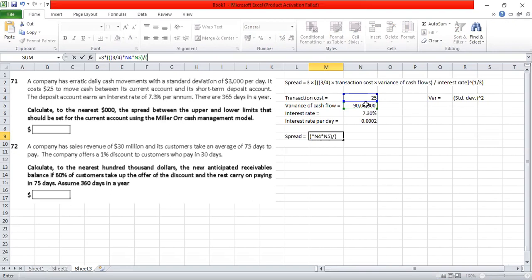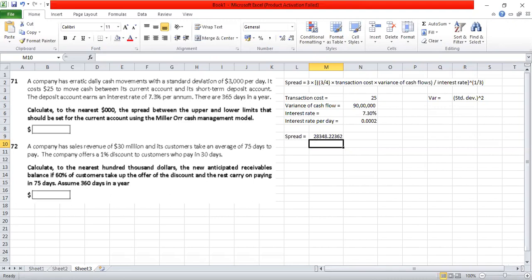Ma'am, in the denominator we will take the regular 7.3 interest rate, not per day? Interest rate per day. Okay, ma'am. And after that, you have put 1 by 3 in the upper value, to the power of 1 by 3.